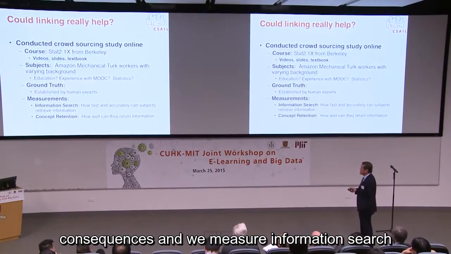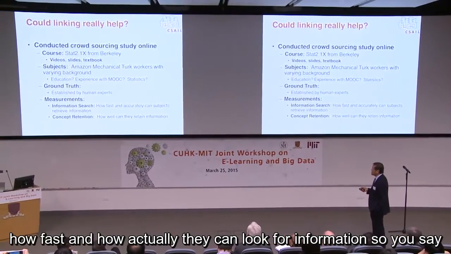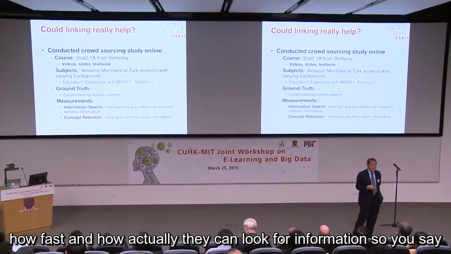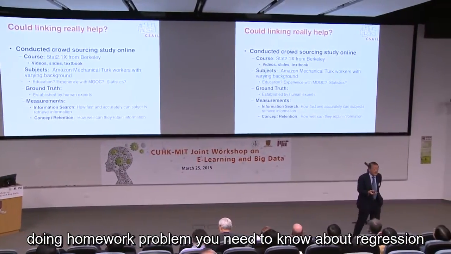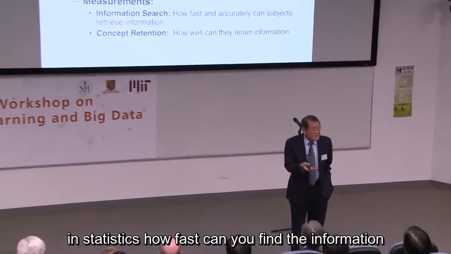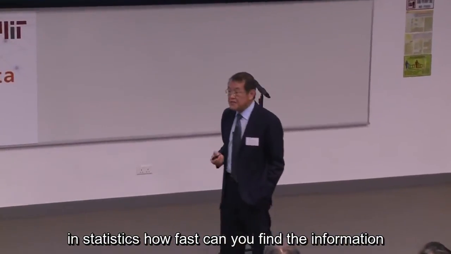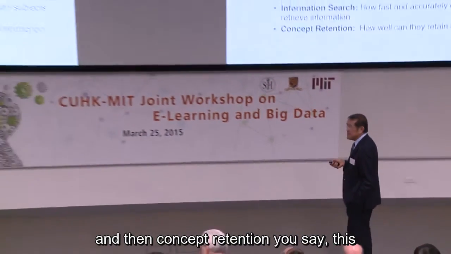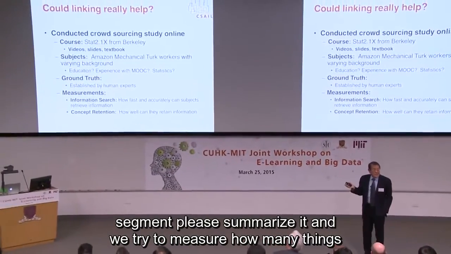And we measure information search, how fast and how accurately can you look for information. So you say, doing a homework problem, you need to know about regression in statistics. How fast can you find the information? And then concept retention, you say, well, this segment, please summarize it.